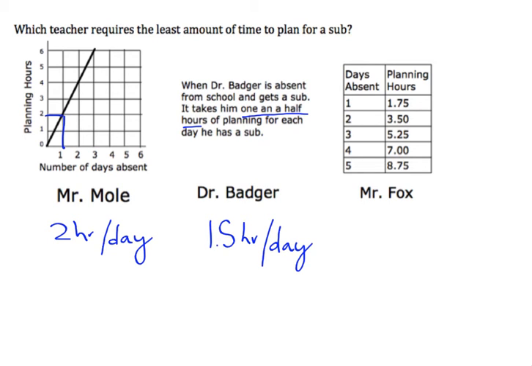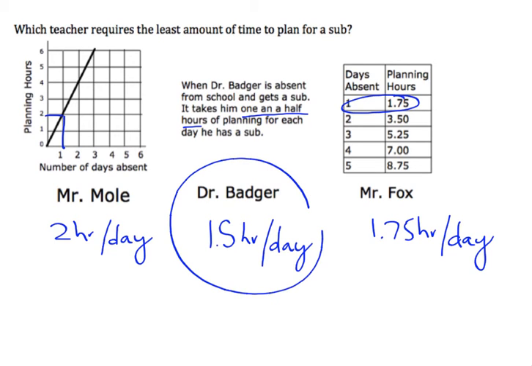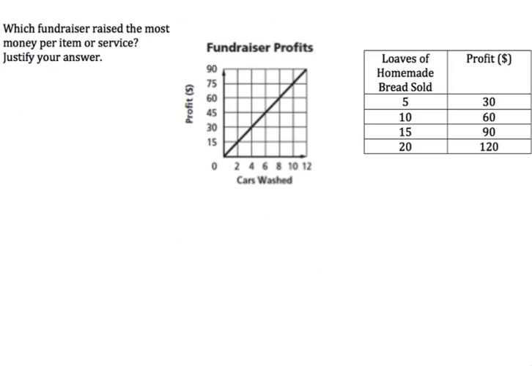And then Mr. Fox, when he's gone 1 day, it takes him 1.75 hours per day. And we can just pick that right out of the table because it's a proportional relationship. And the one that takes the least amount of time is Dr. Badger. He only takes 1.5 hours per day he's gone.